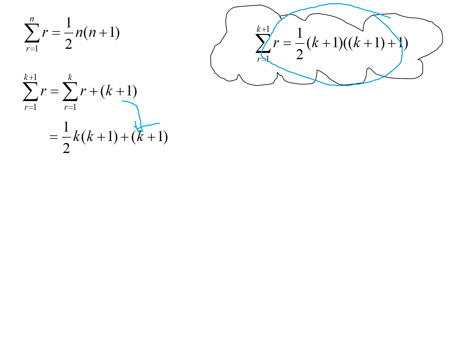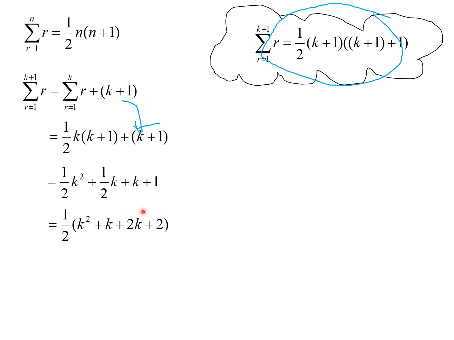So now we need to simplify this and achieve our goal. I expanded it, and I want to achieve my goal from earlier. I want to prove that the sum of r from 1 to k plus 1 is similar to my goal. So in order to do that, simple algebraic expansion and rearrangement. What I did here, I brought the half out because the goal has half as well.